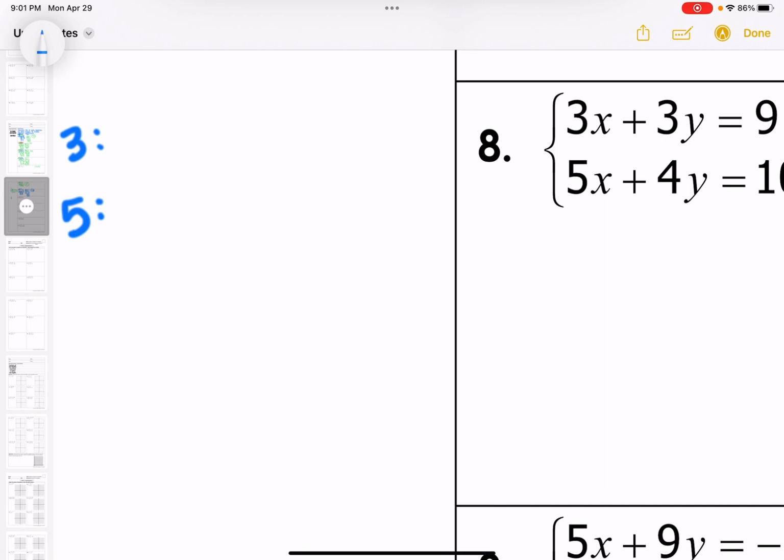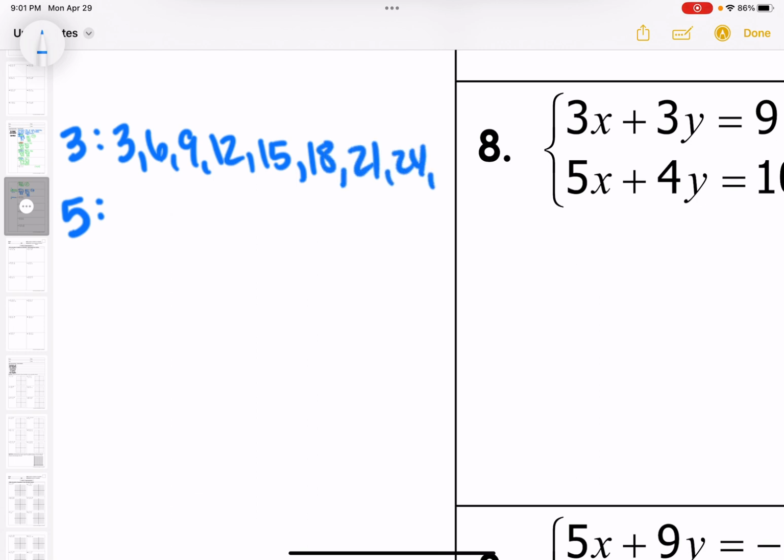So my multiples of 3: 3, 6, 9, 12, 15, 18, 21, 24, so on and so forth. Okay, for 5, I have 5, 10, 15, 20, 25, 30, so on and so forth.